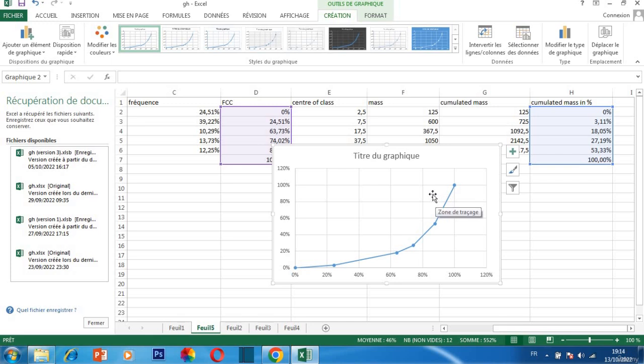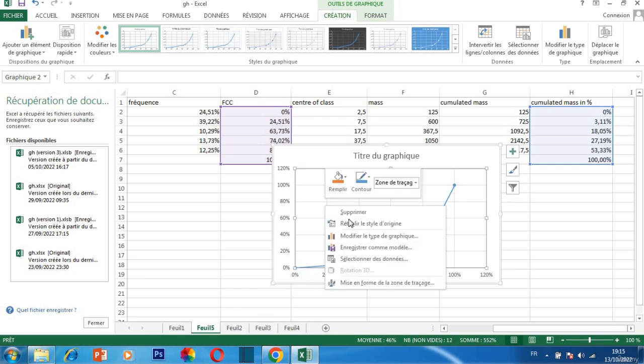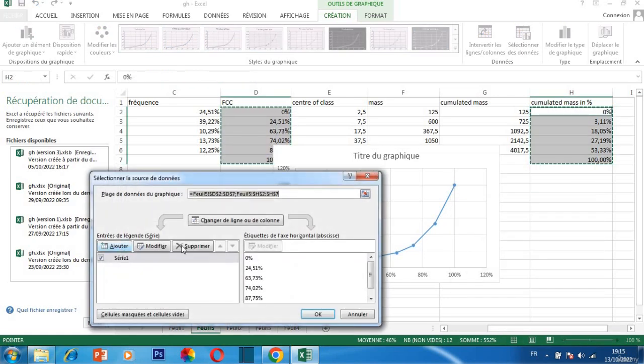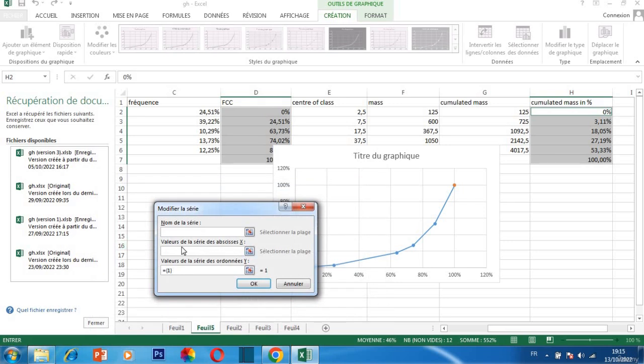So this is the Lorenz curve, but what we should have is the linear equation, which is 0 0 and 1 1, which is 100 100 added here. So we're gonna take select then add.